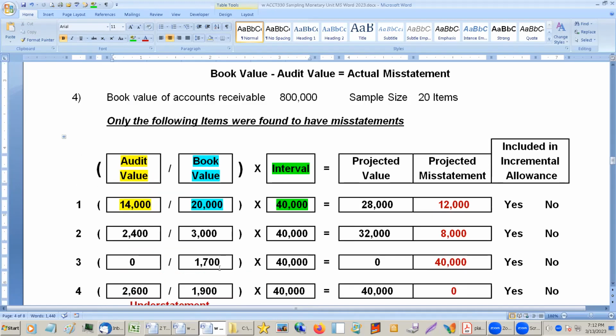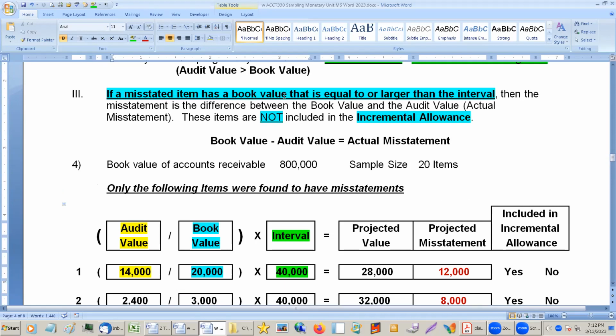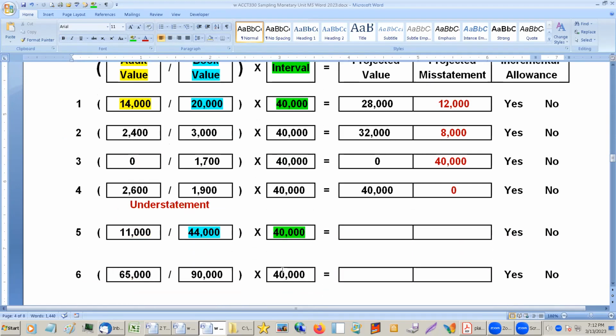And when this happens, we fall into this rule up here: the difference between the book value and the audit value, the actual misstatement. So we are not going to do our ratio here. We're going to take the actual misstatement.